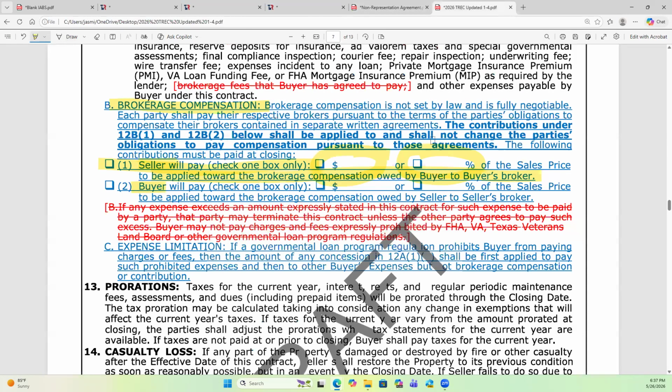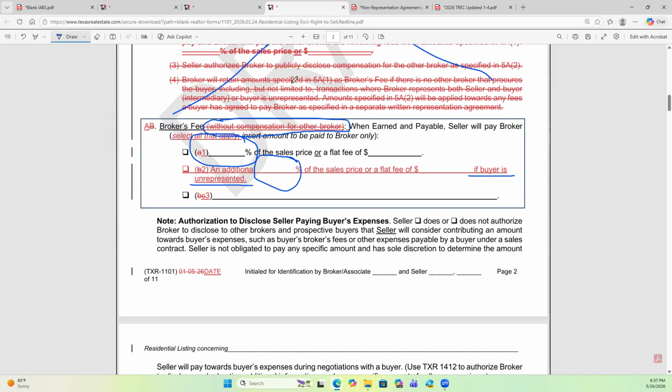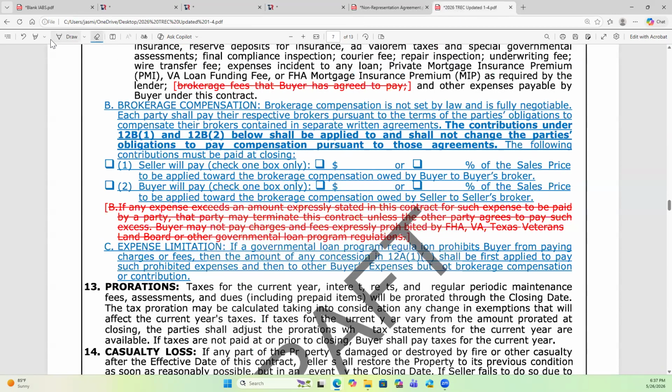So, same spot in this contract, when your clients are telling you, well, this is just dandy, I only have to pay you your percentage, Jasmine. I don't have to pay you anything else. That is true until the offer comes in. And now the offer is here, and here comes that buyer agent that's going to say, seller will pay this amount towards brokerage compensation for the buyer.